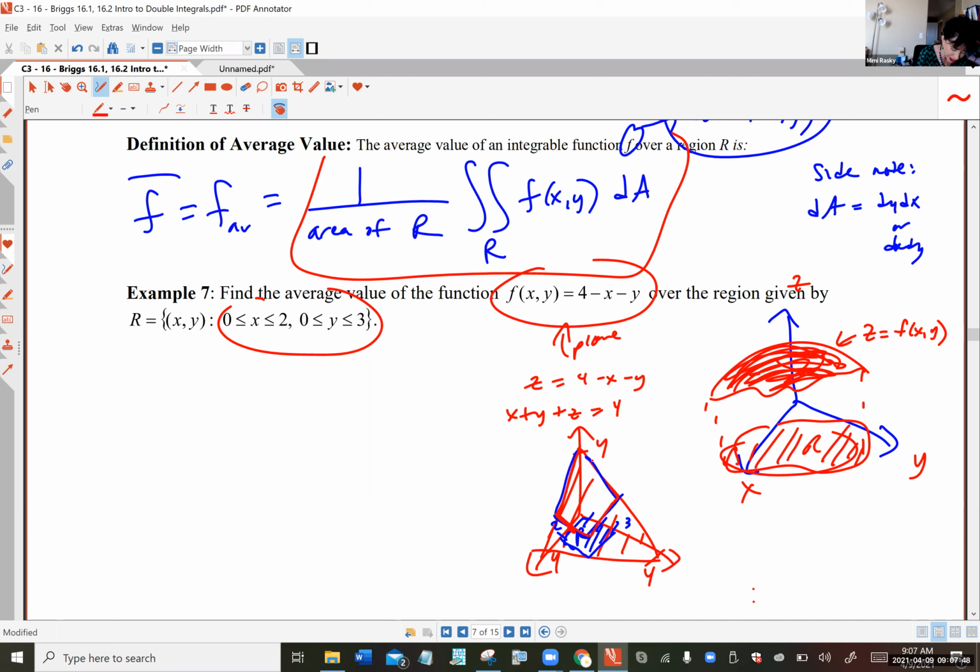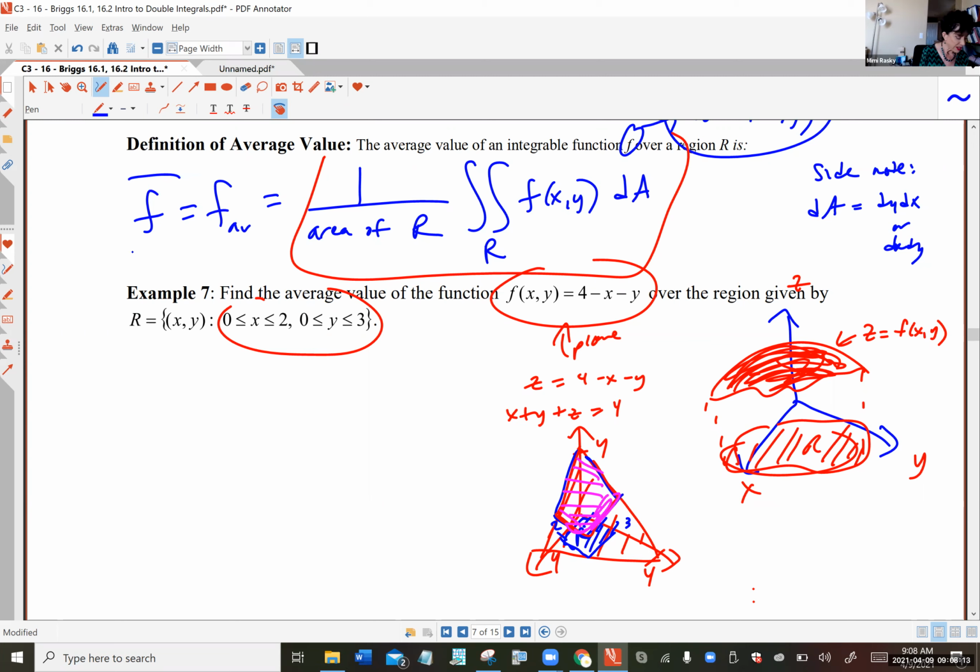I'll use a different color because this is getting a little messy. This portion of the plane only that's hovering over that region R in the xy plane, that's the blue rectangle. That's what we're trying to find, that average z coordinate that's getting hit. That's average value, people.